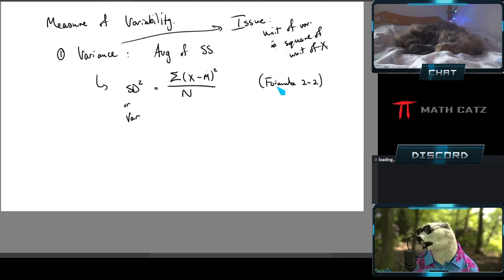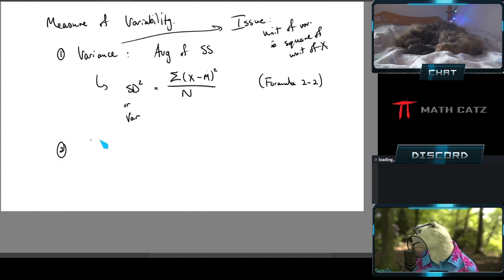So that makes it really difficult. If I'm measuring people's heights, I'm working maybe in inches or feet, whatever the unit is, centimeters, I don't care. Whatever that unit is, the variance doesn't have the same unit, which makes it even more difficult to interpret effectively.